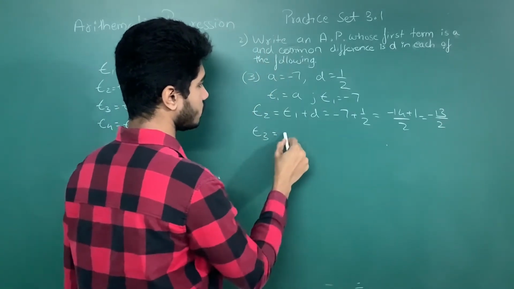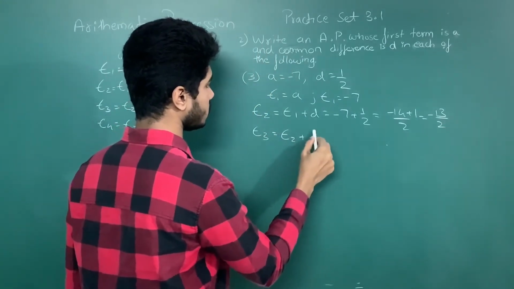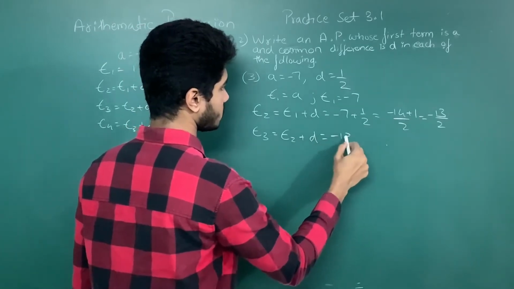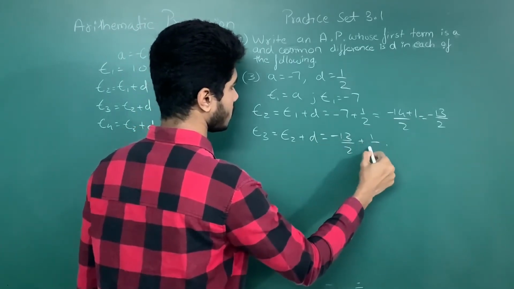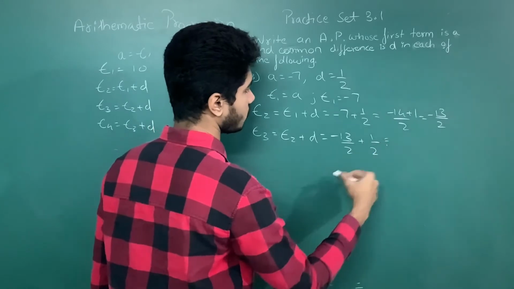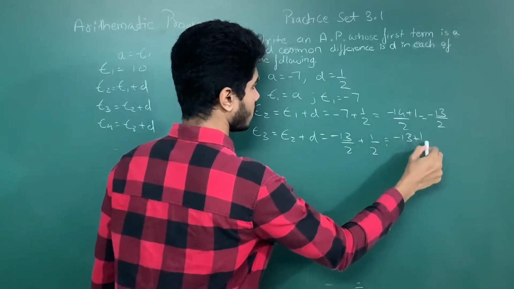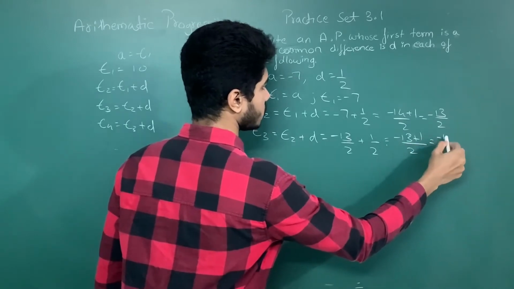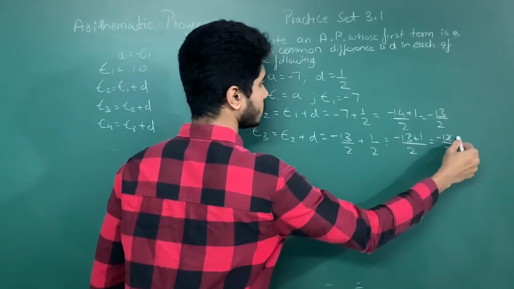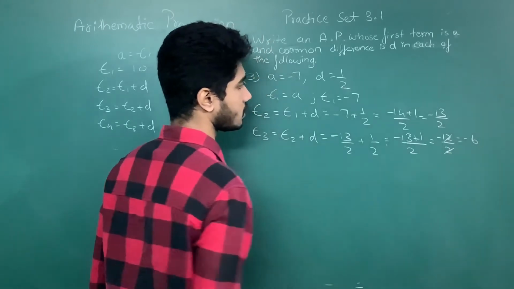T3 is equal to T2 plus D. We got T2 as minus 13 upon 2 plus half, which is equal to, you write the common denominator, so you get minus 12 upon 2, which is minus 6.